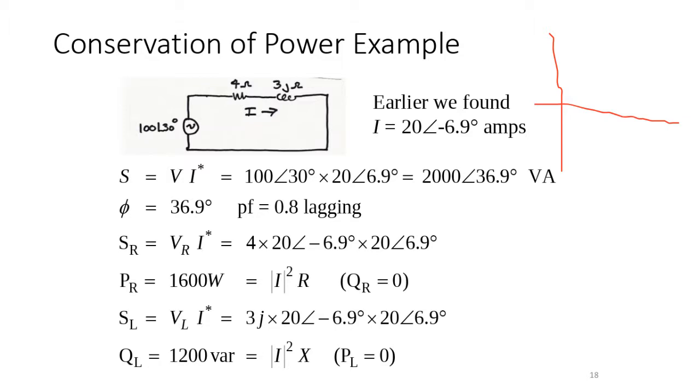So this is 30, and this is minus 6.9, the current. Now the angle between them, you add them, because 30 and then it will be 6.9. So this will be 36.9.